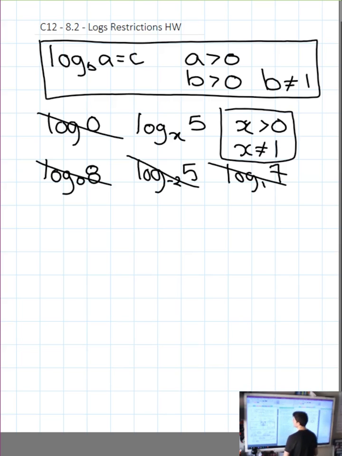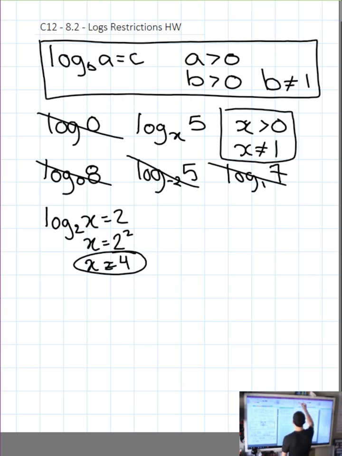So let's take a look at an equation. Log base 2 x equals 2. So I know that the thing I'm logging is equal to the base to the other side. 2 squared is equal to 4.